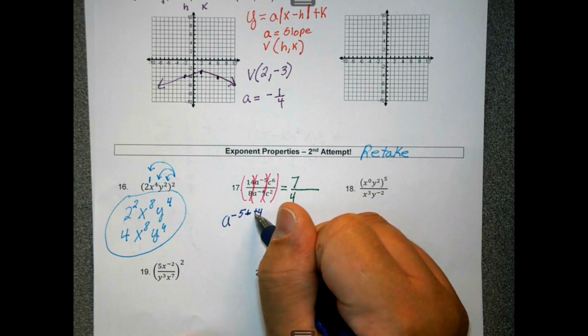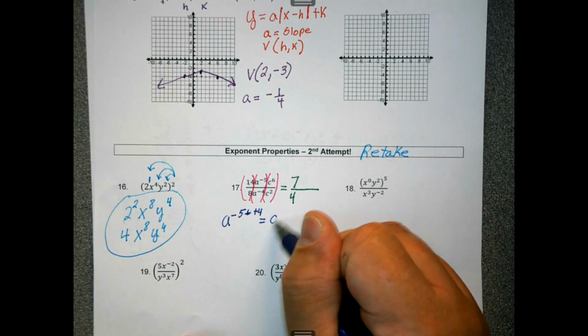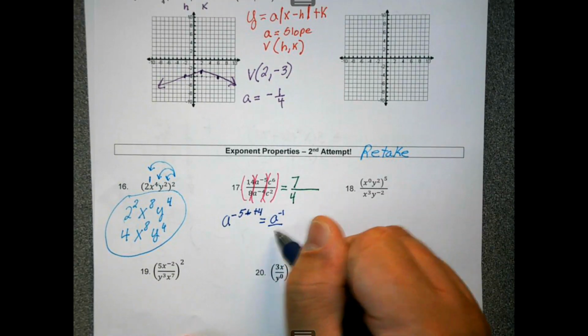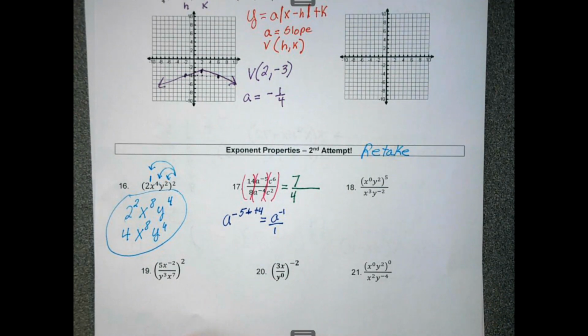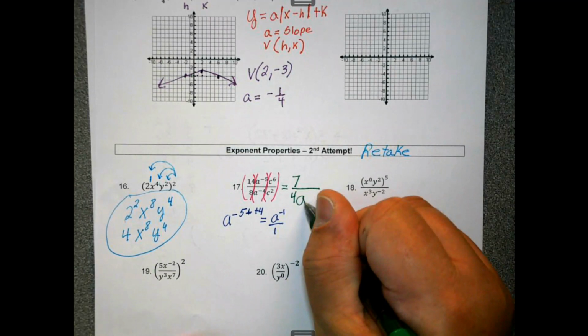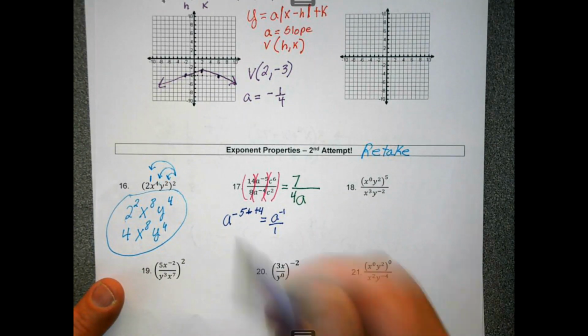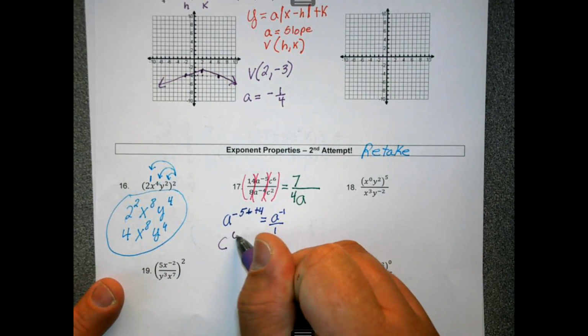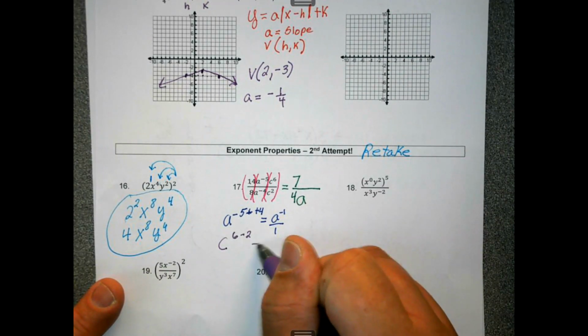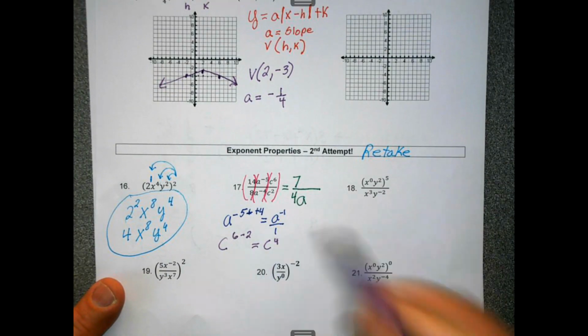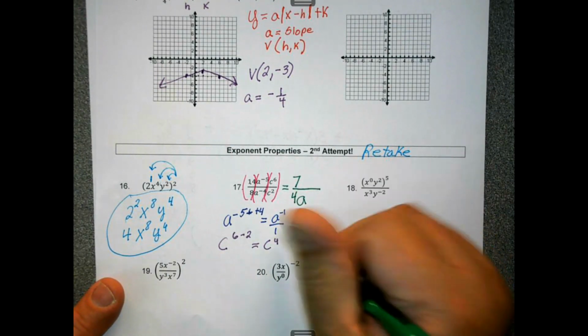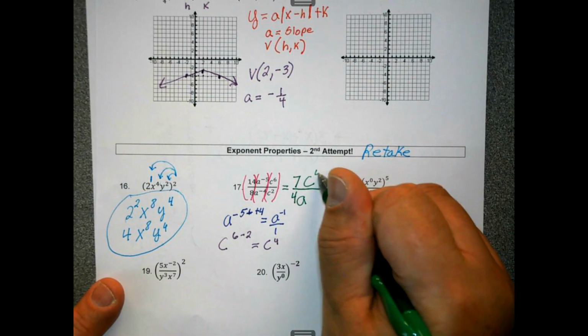This becomes a plus. So I have a to the -1. Cannot leave negative exponents in there, so I'm going to have to flip it. So our a to the first goes in the bottom. And then my c's. Let's see. C to the 6 minus 2 gives me c to the 4th. Don't have to flip it or anything. It's a positive exponent, so it goes up on top.